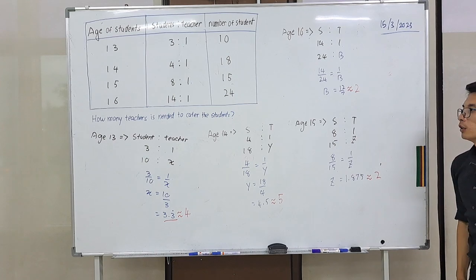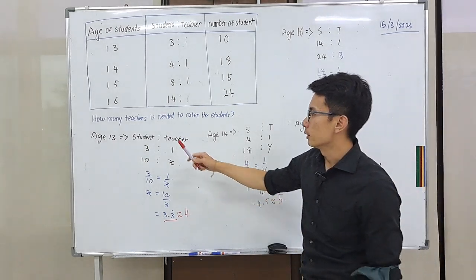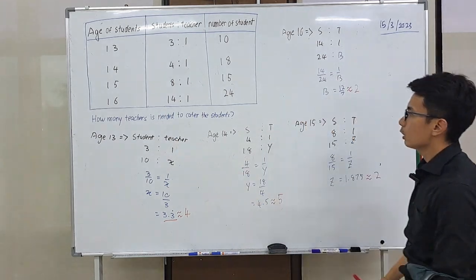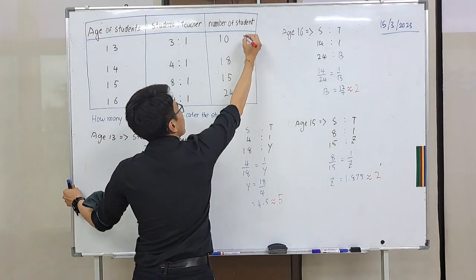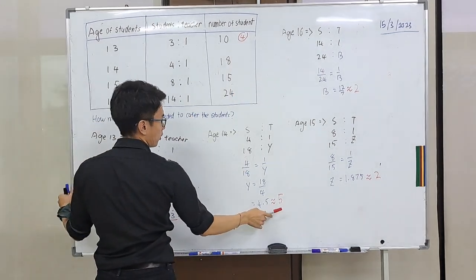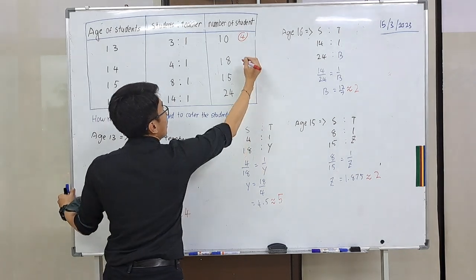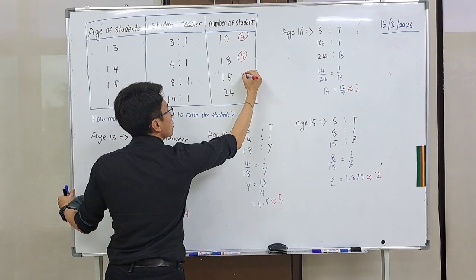Alright, so finally I have all my numbers now. Now I will answer how many teachers are needed to cater for the students. For age 13, I need 4 teachers. For age 14, I need 5. For age 15, 2 students.